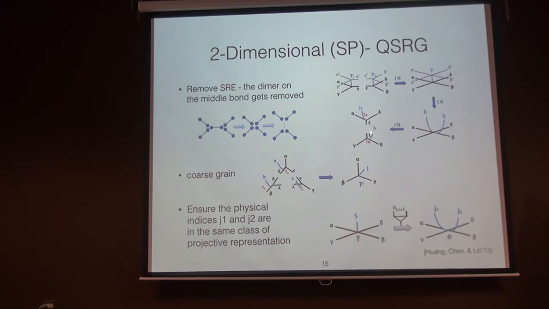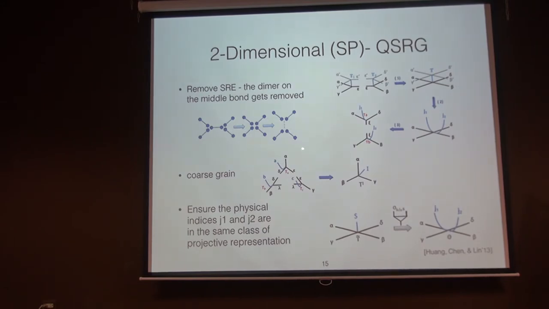The first step is the disentanglement, or removing the short-range entanglement. We can see two sites with one singlet, and when we merge two sites and split around another direction, we can find the singlet was removed. This is why we say this step removes the short-range entanglement.